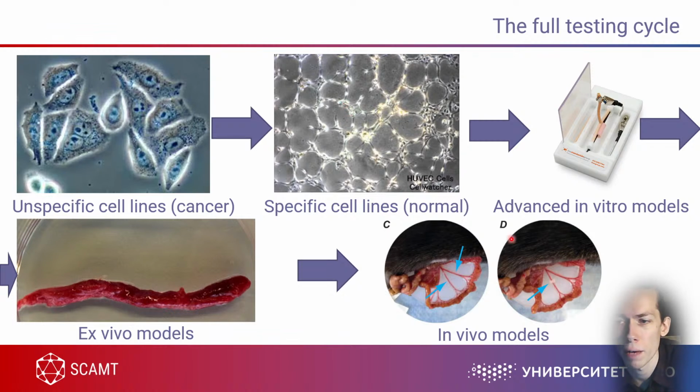But if you have some animals in your institute, in your laboratory, usually it's not very hard to perform some basic experiments on these animal models. So in some papers you can even see researchers skip everything between unspecific cell lines and in vivo models.